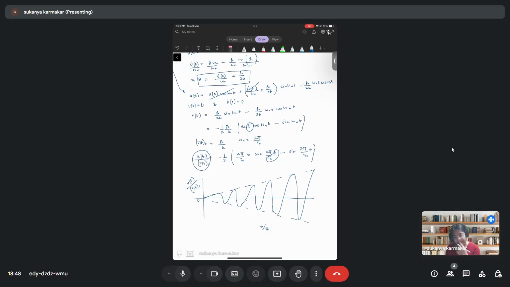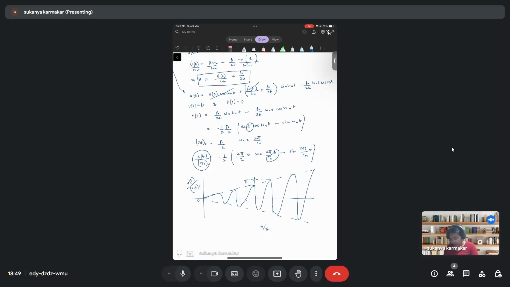Now, one more thing which you can observe is that the difference between adjacent peaks is pi terms away.